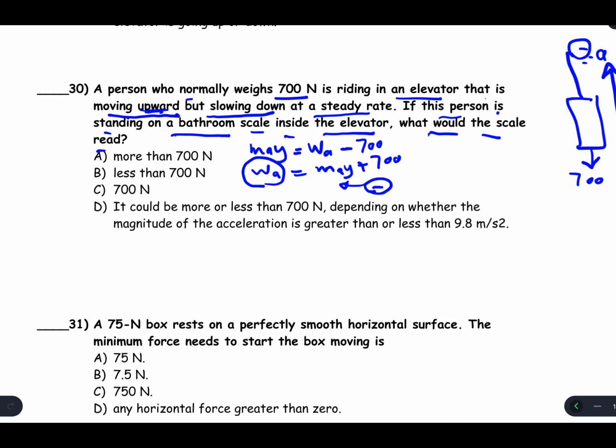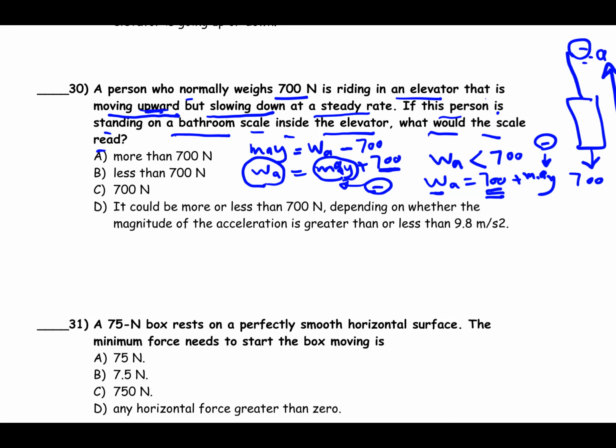So the apparent weight will be less than 700 by the amount ma, because a, the acceleration here, is negative. We can write it like that: WA equals 700 plus ma, but keep in mind this is negative. So the apparent weight will be less than 700. So the answer is less than 700, B.